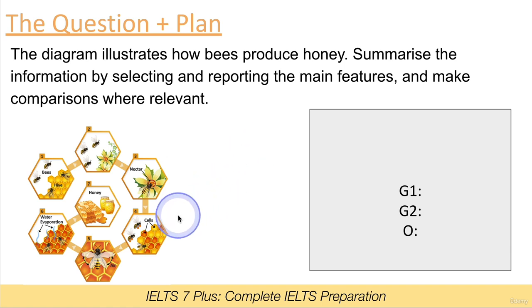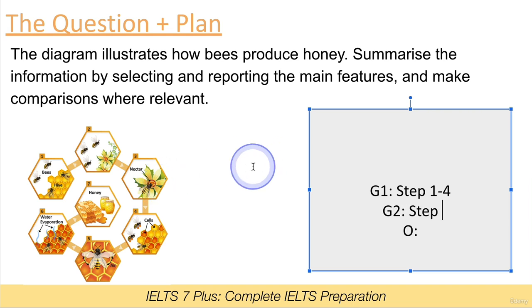I would say after step 4 is quite a nice cutoff point, because you have the bees bringing the nectar and they deposit the nectar into the cells, and then that leads into point 5. So let's do step 1 to 4 for group 1, and then let's do step 5 to 7 for the second group.